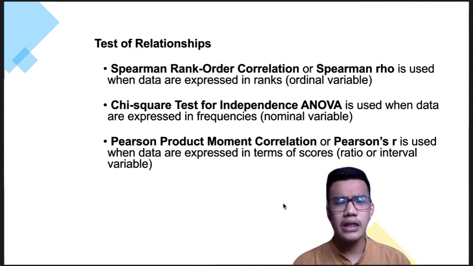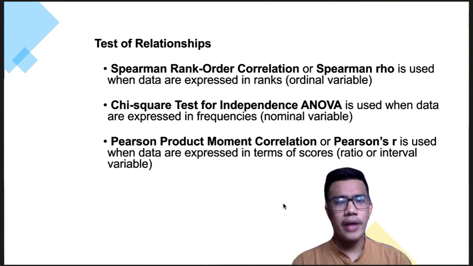What if our data is in frequency, sir? Meaning we count the responses of our respondents per option or per choice. This time you have to use the chi-square test for independence. This is used for nominal variable.